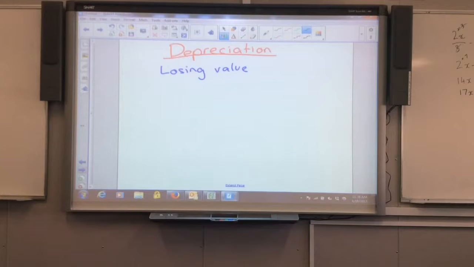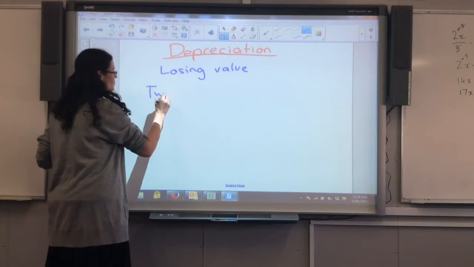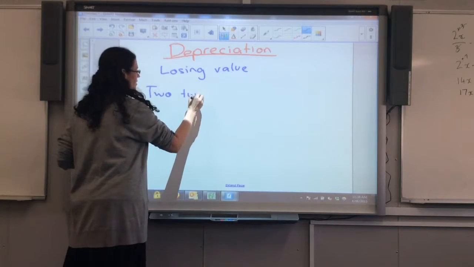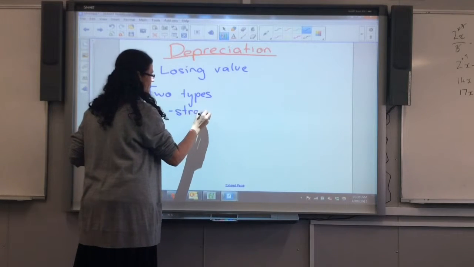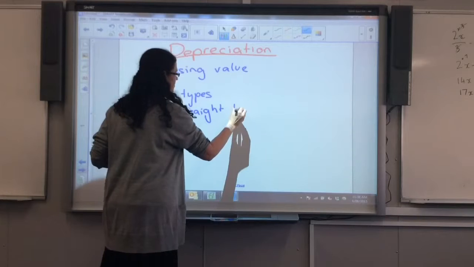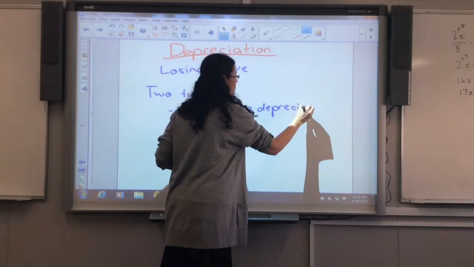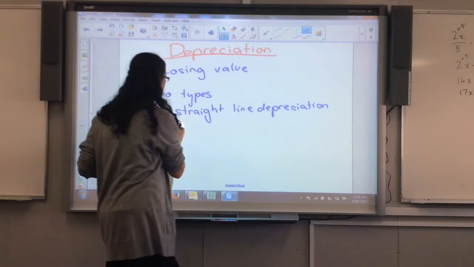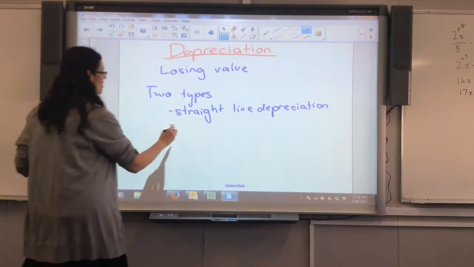There are two types of depreciation. The first one is called straight line depreciation, and the second one is called declining balance.